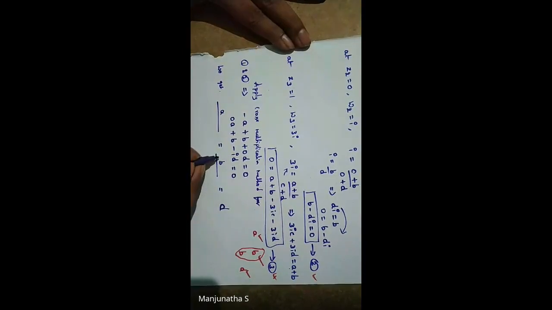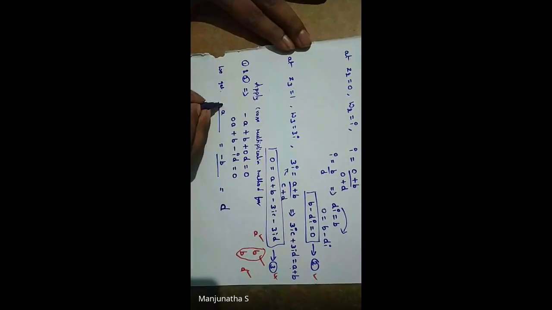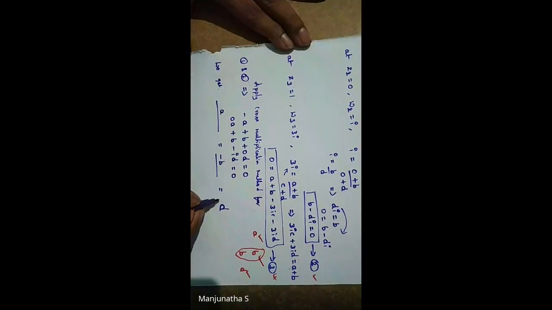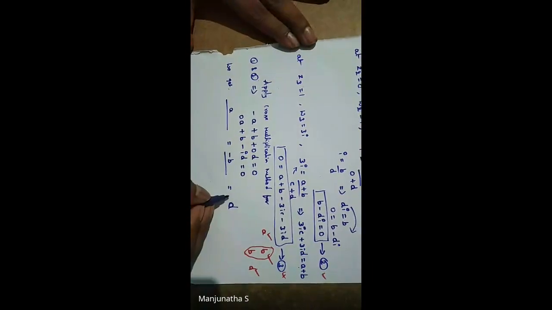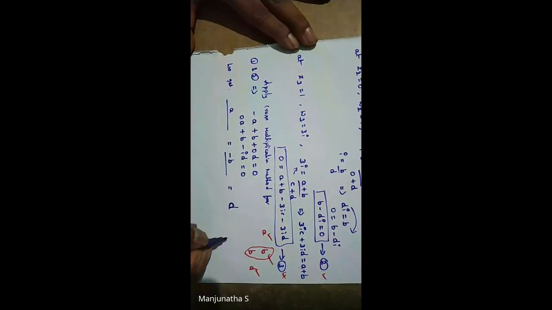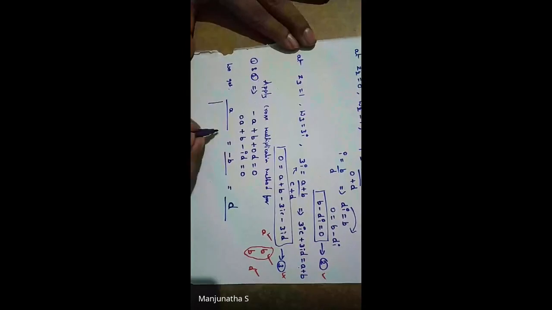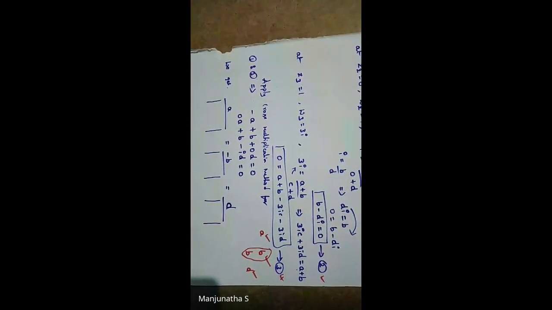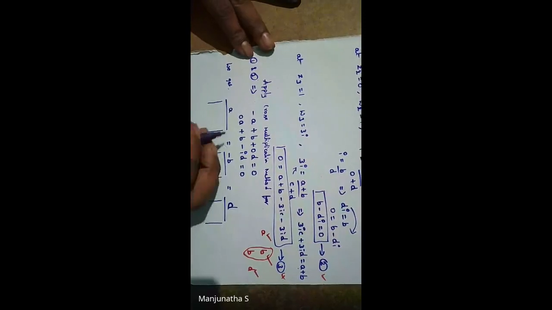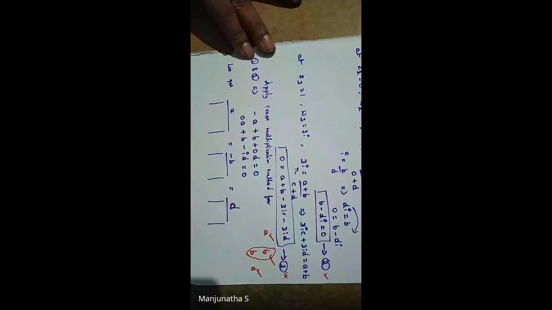In the middle one, we need to write minus: plus, minus, plus. Everyone solved determinants, correct? The same procedure we need to apply here also, plus, minus, plus, like for ijk. So in the denominator, we need to write the determinant rule. Here we need to write 4 constants, and how to write those 4 constants is very important. See, here we are writing for a. We need to leave this a.